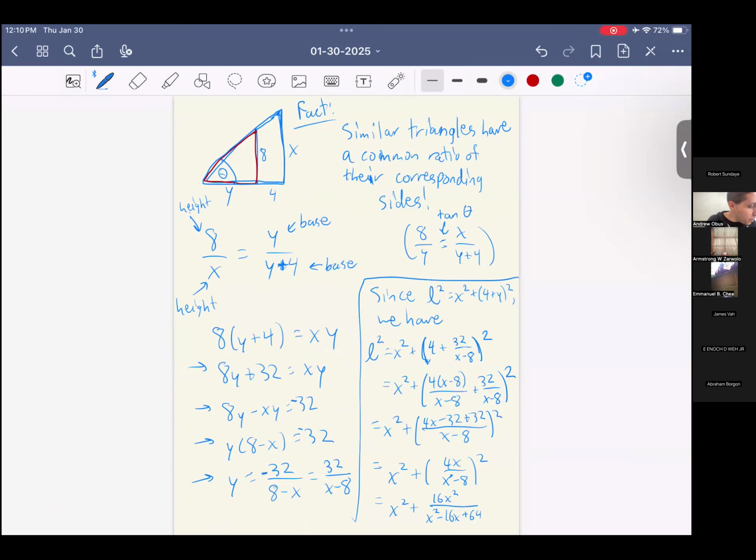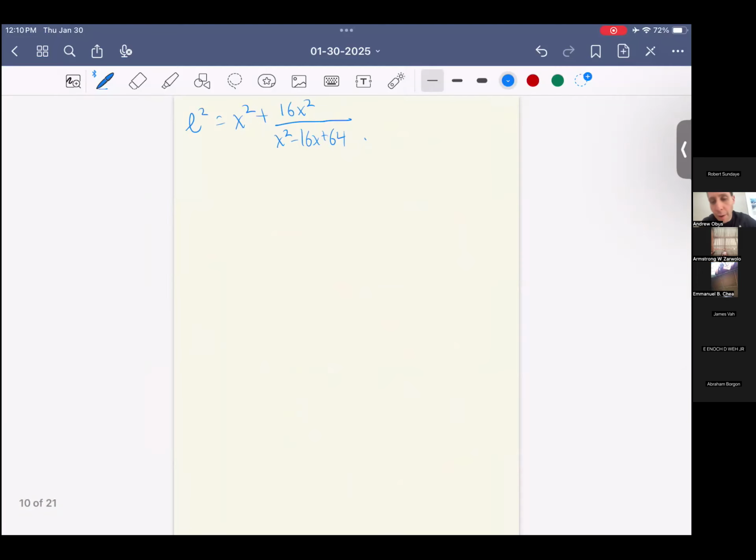Would that be easier? Probably not that much easier. It probably ends up being the same. But let's keep it in terms of only polynomials. So now we want to minimize L. We're trying to minimize the length.